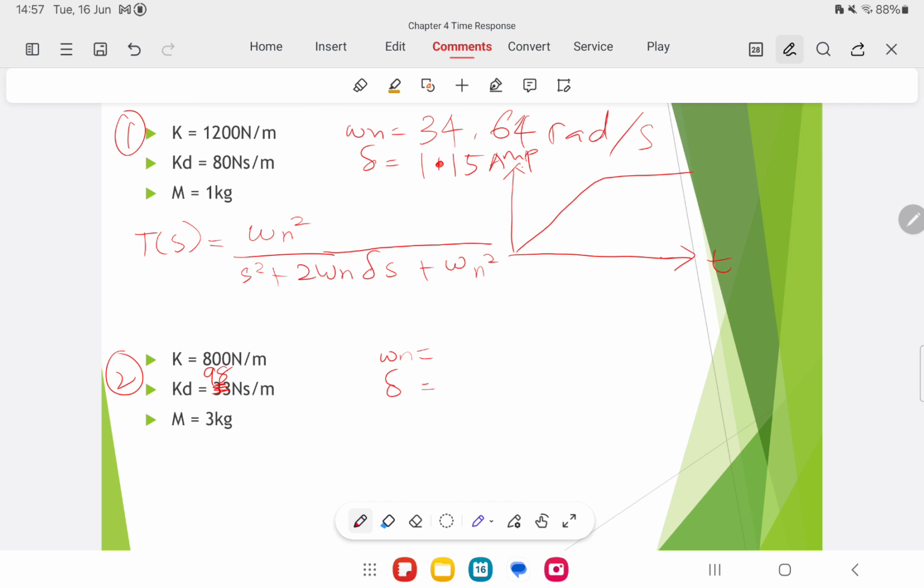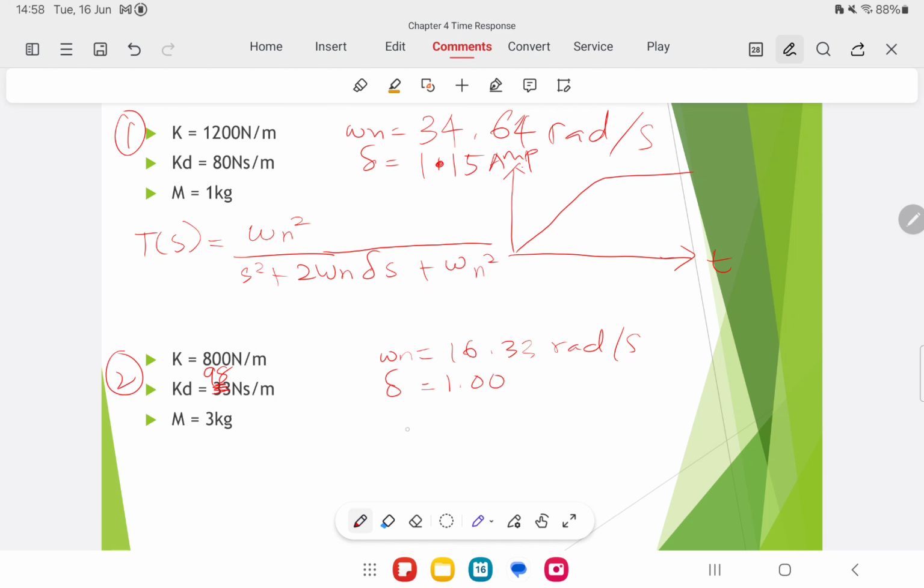Sekarang Ain dapat tak? What is omega n? 16.33. Damping 1 point. Okay.